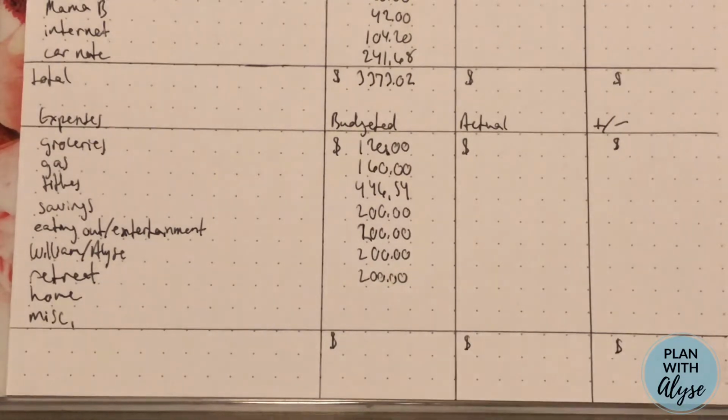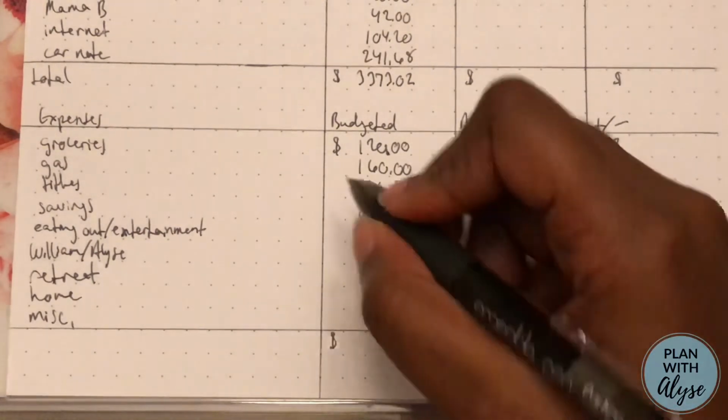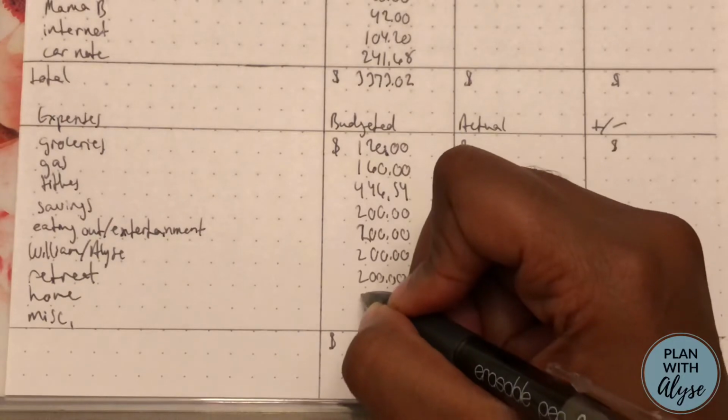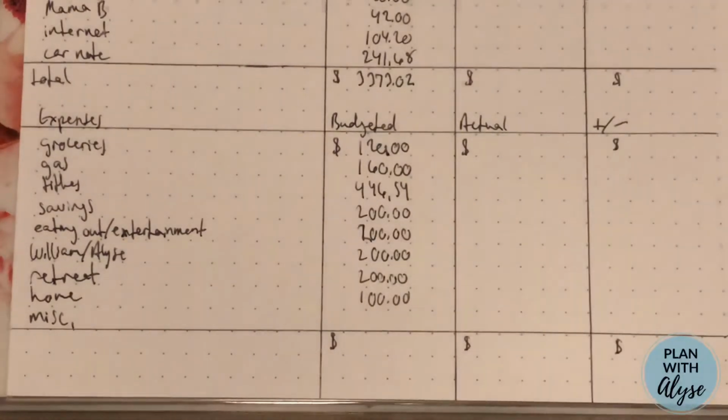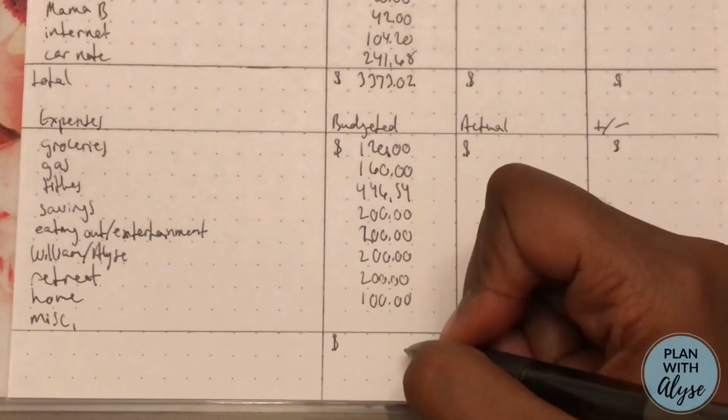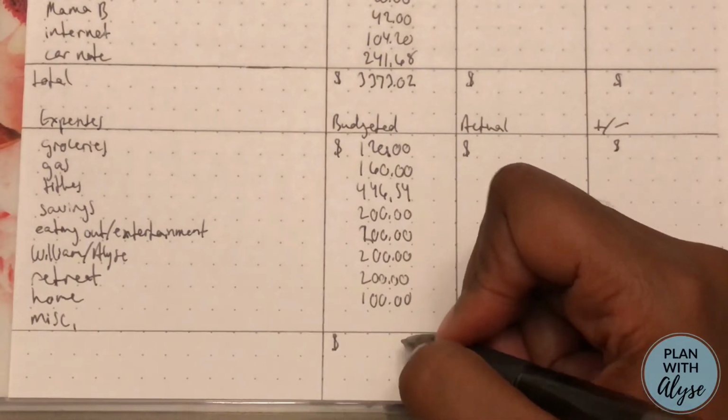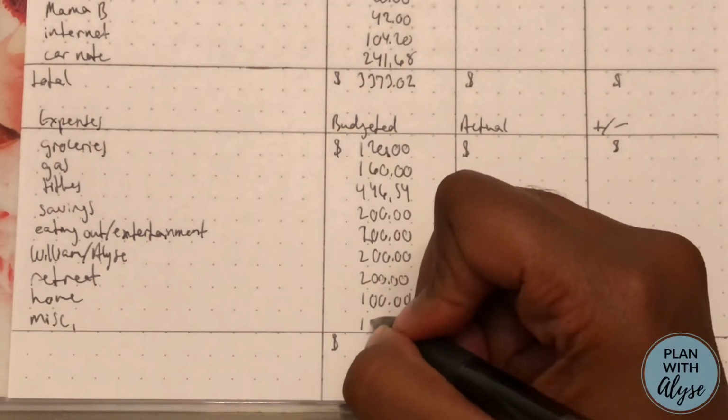Cannot wait. We are headed out tonight. That is just, I'll say 100. Probably won't use it, but I'm putting 100. And that's to cover like gas and everything. And then miscellaneous, 100.